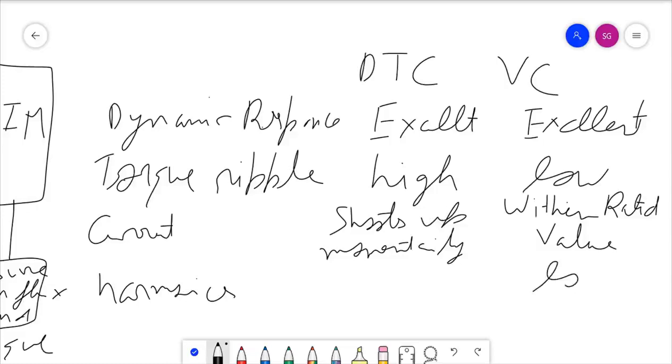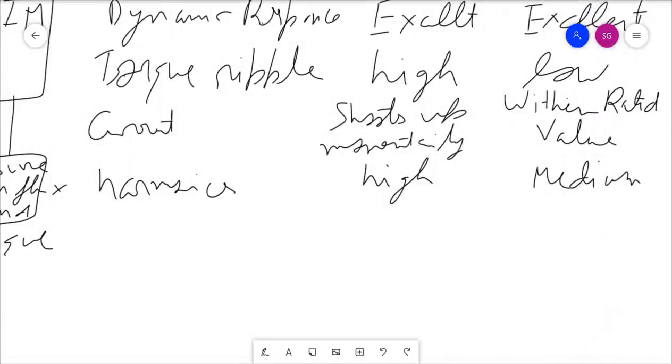So it is low, or if not low, it is medium in vector control, and high in direct torque control. Because for the same reason, we are not controlling the current. We are directly controlling the torque, so current may shoot up.